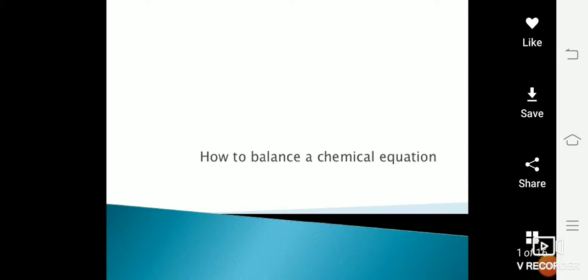In the next lecture, I am going to discuss two more methods of balancing equations, which will be the partial equation method, and after that we are going to look into balancing equations by the oxidation reduction method. So today we are completely going to focus on the hit and trial method of balancing a chemical equation.